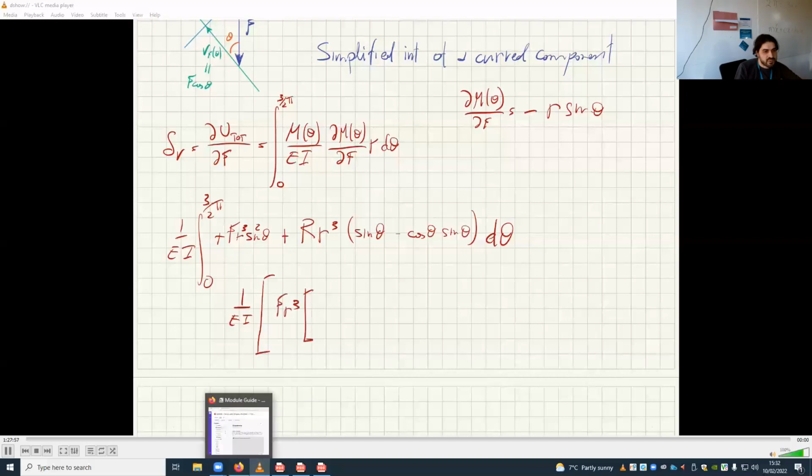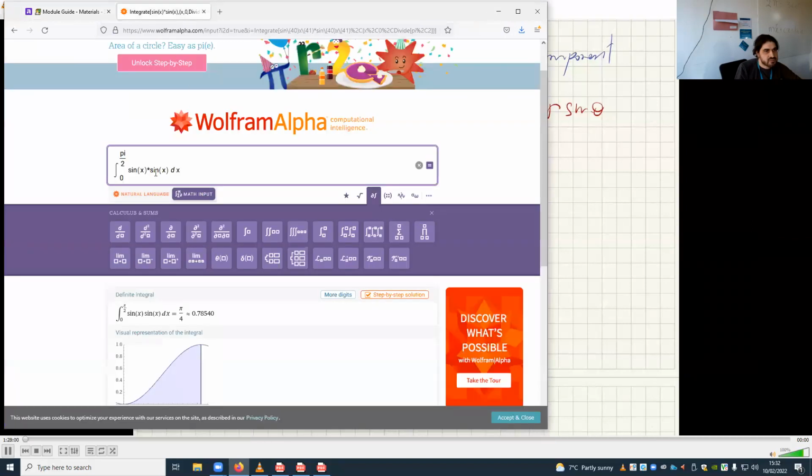The integral of sine squared, we did it earlier, it was x minus... the integral of sine squared between 0 and 3/2 of pi gives 3/4 of pi, plus r cubed times the integral of sine theta.